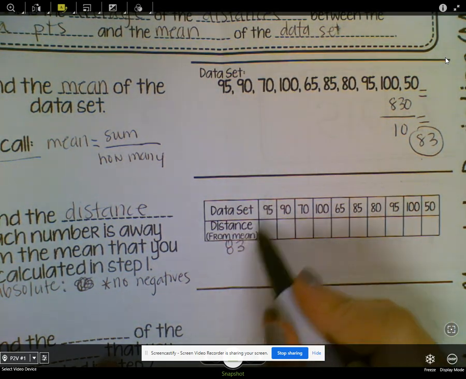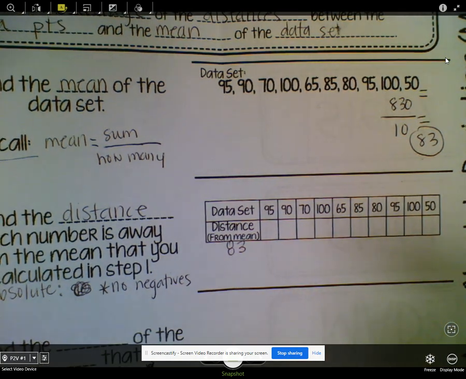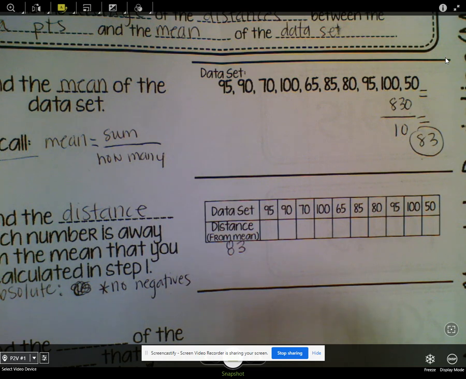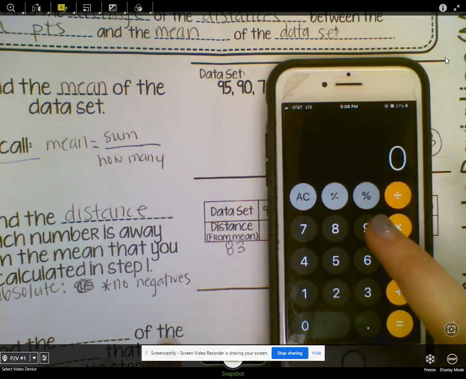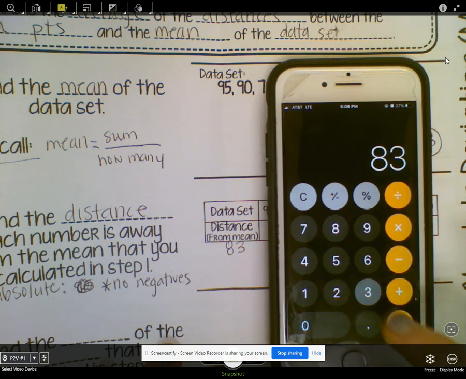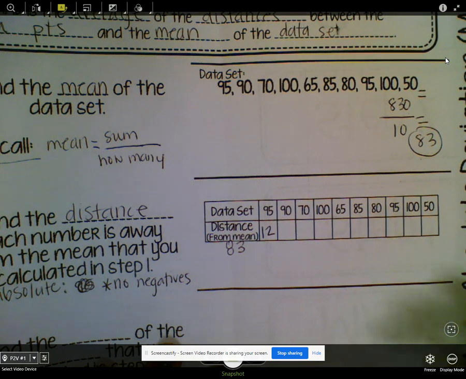Okay, here's where you're going to want to write all the distances. I would get a calculator to do this. I wouldn't try to do all this in my head. For example, 95 minus 83 is 12. You're just going to put the distances in there every time.